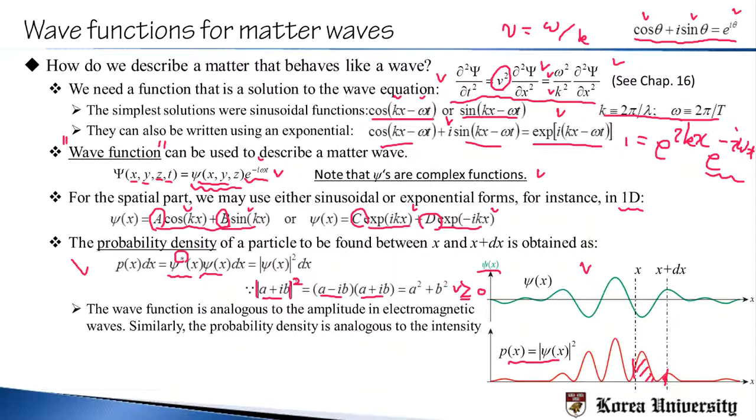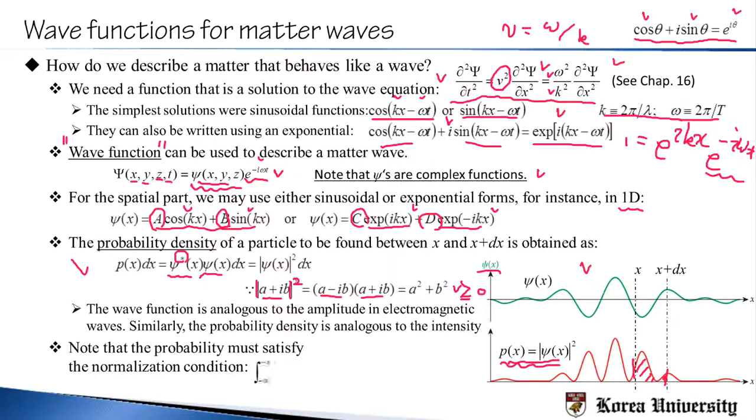And one more thing, of course, this probability density function is essentially a probability. I think you have learned from high school that the total probability must be 1, right? The probability of anything cannot be larger than 1.